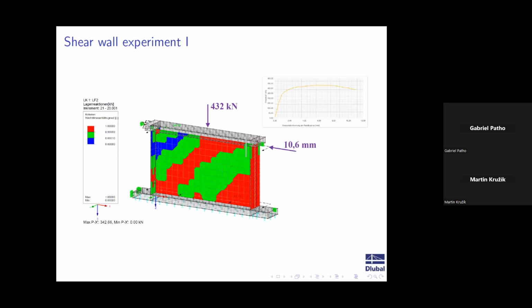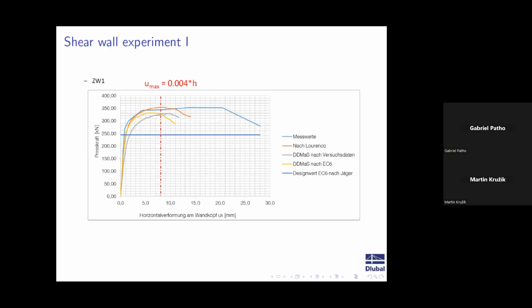This is where the failure happens. So this is in tension, and this is already in the compression zone for the masonry. And if you compare it with some real test data, this is my blue line, you can see that we've tried different input parameters, so we are quite close to what is really happening.